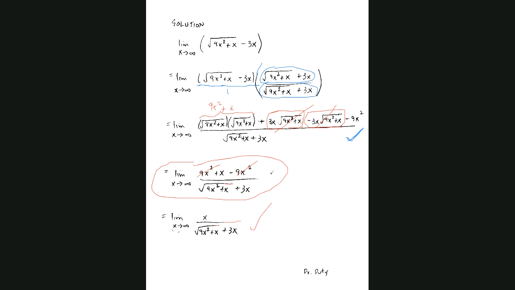So what's the hardest part of the limit as x goes to infinity of x over that denominator? What's the hardest part to deal with of the three different terms that you see? That's the square root, that's right. So what I'm going to do is try to rewrite this fraction in a different way.